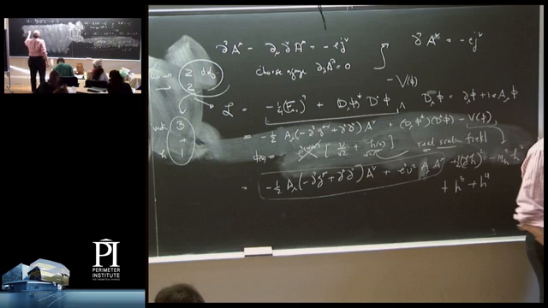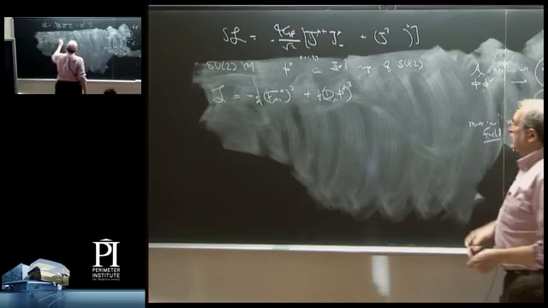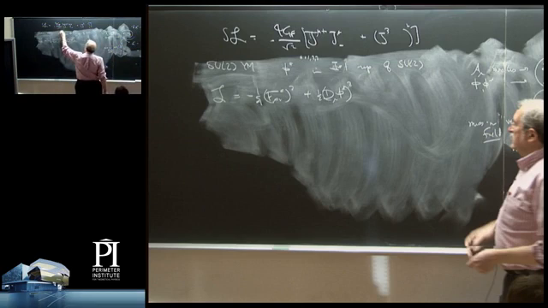So here's the Lagrangian: F mu nu A squared plus d mu phi A squared. Phi is real, and A goes over 1, 2, 3, the three directions of space, minus V of phi.